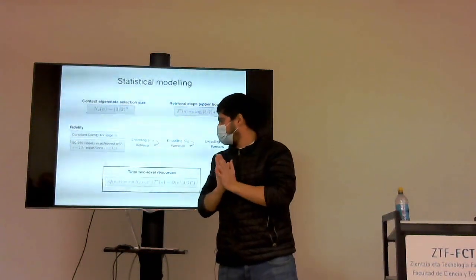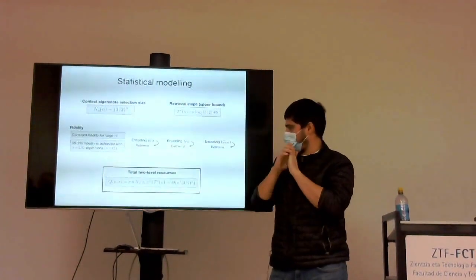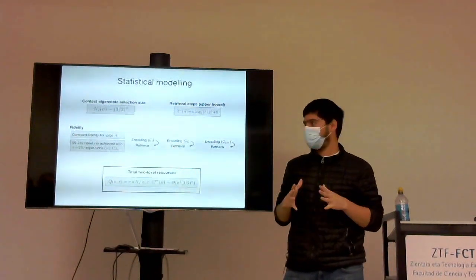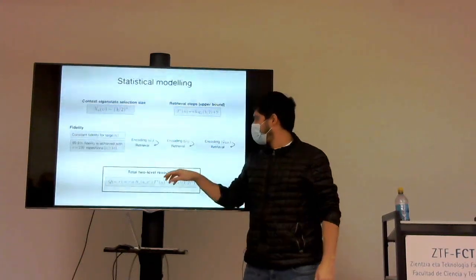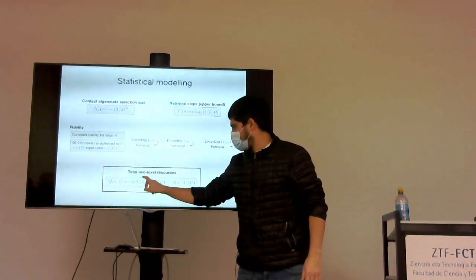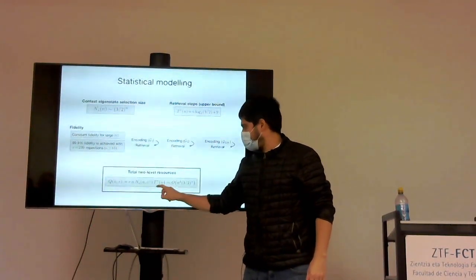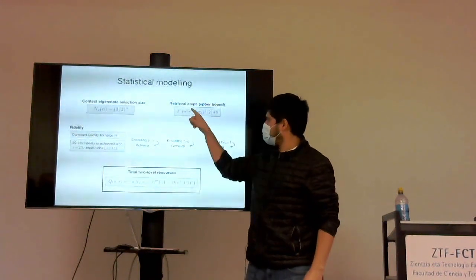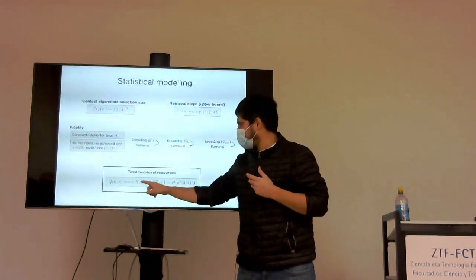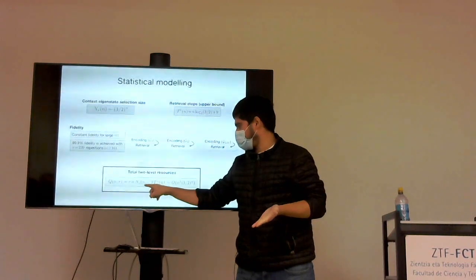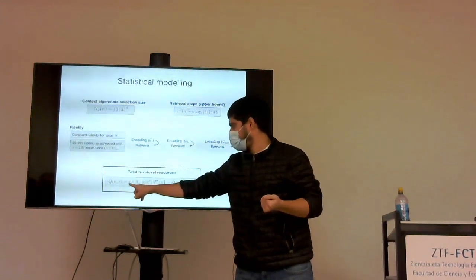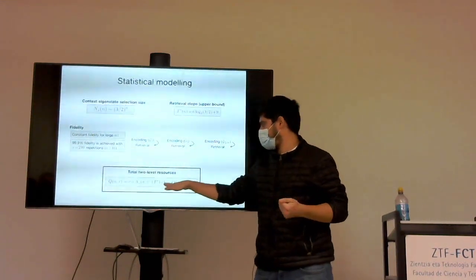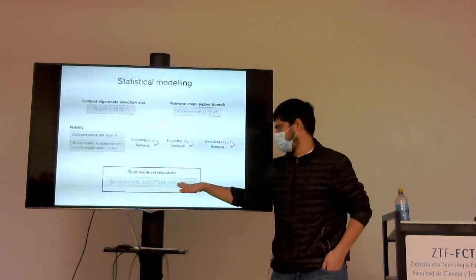In general, the total number of two-level resources used is a product of the context eigenstate selection size, how many samples are needed because of the number of retrieval steps, how many qubits per sample, because that's the size of the system used, and how many repetitions. We multiply all of this together, and it yields this order of magnitude.